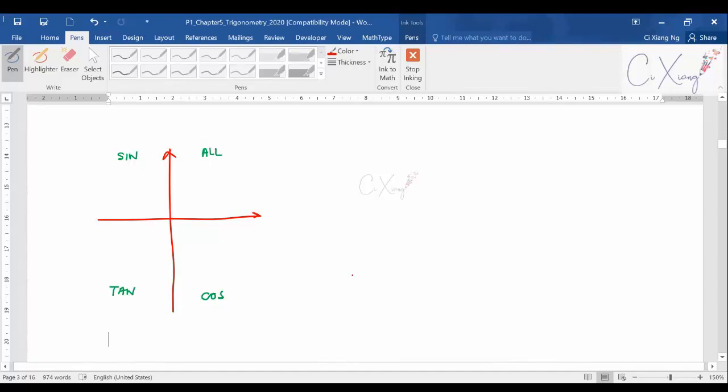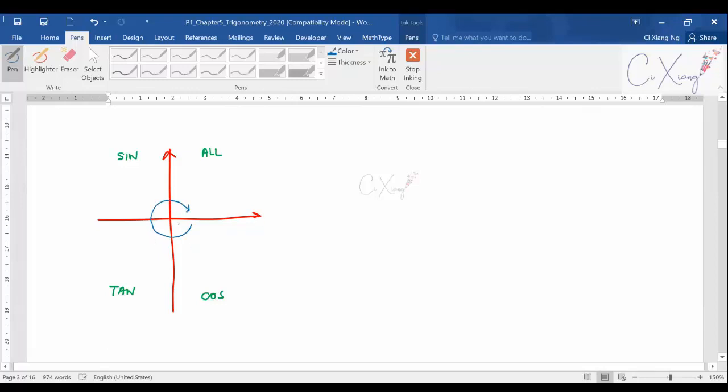Like in the previous video, I also drew a summary for the quadrants. In the previous video, the quadrants that we referred to and the angles that I wrote out were all positive angles. Today, we are going to start on negative angles. For a negative angle, you are measuring your angle in the clockwise direction.